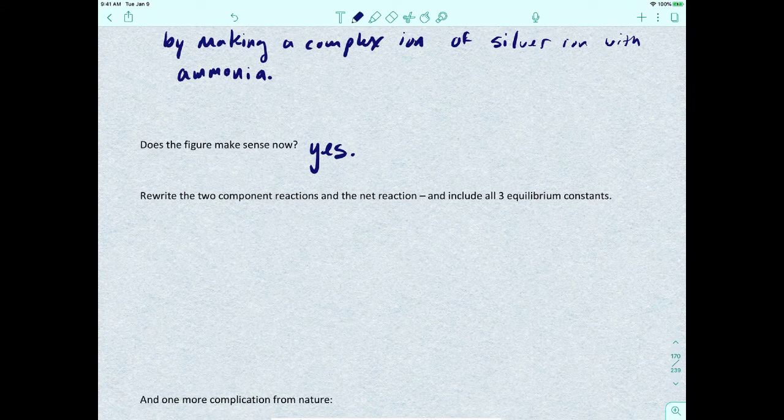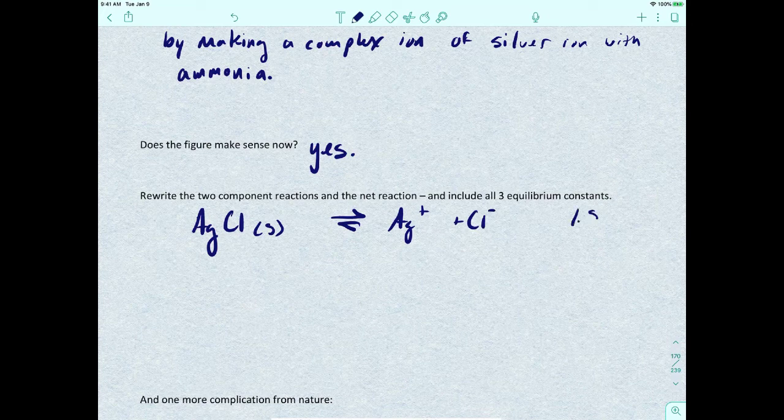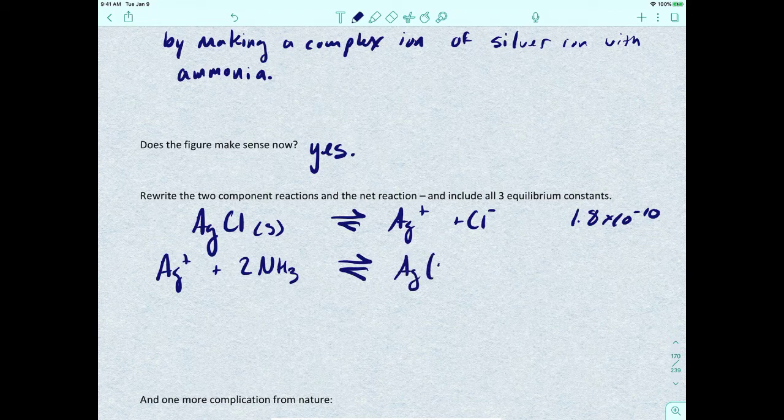All right, so then it's saying if we rewrite the two component reactions, include all three equilibrium constants. So here's what we got. One reaction, AgCl forms Ag plus and Cl minus, and the Ksp for that reaction was 1.8 times 10 to the minus 10. The other reaction, you've got silver ion plus 2 ammonia to form Ag(NH3)2 plus, and for that ion, the Kf was 1.7 times 10 to the plus 7.